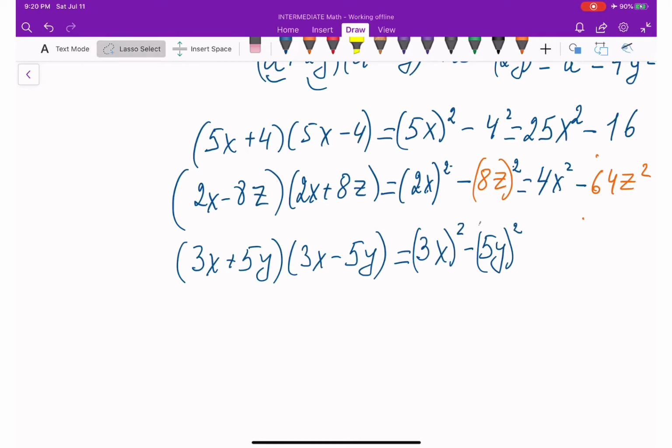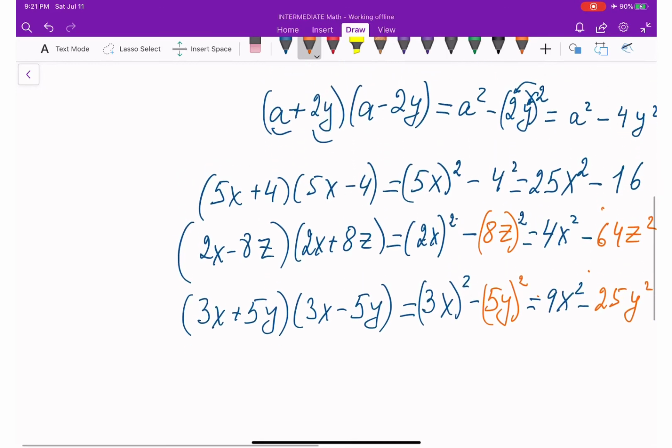So what do we get? 3x squared, 3 squared is 9, x to power 2 is x squared, minus 5 squared is 25, and y to power 2 we get y squared. Okay?